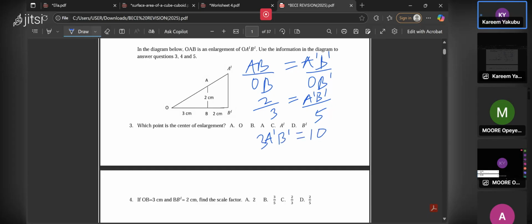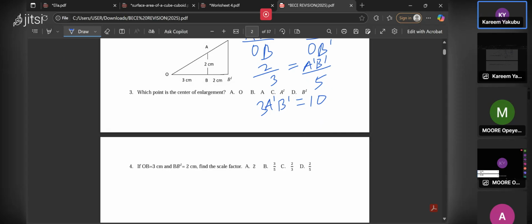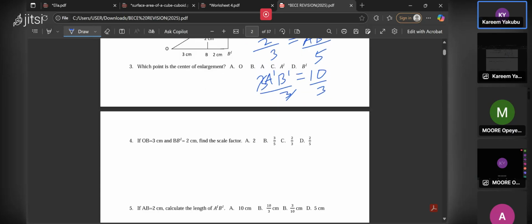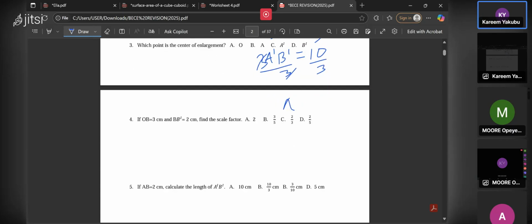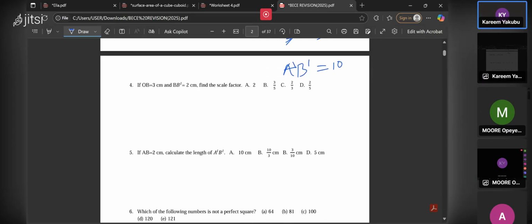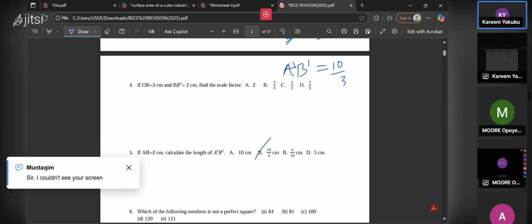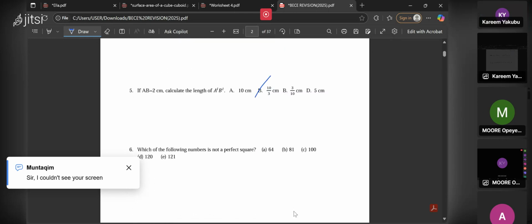Divide both sides by 3, so this cancels this. Then A prime B prime equals 10 over 3. That is option B. I hope that is clear.